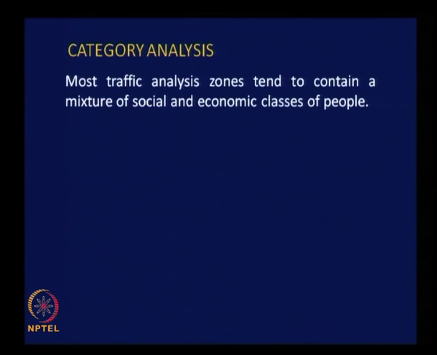Here we take households as units of trip production directly and categorize the households based on their important characteristics. That is why this analysis is called category analysis. And most traffic analysis zones tend to contain a mixture of social and economic classes of people, as I indicated to you.